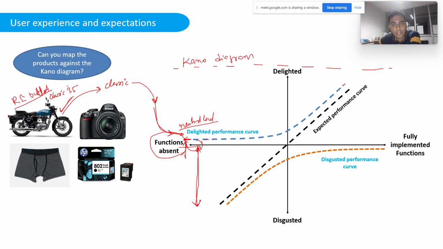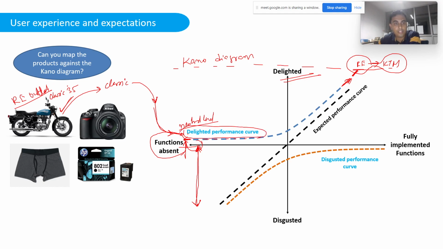And as we increase the product features, there is some satisfaction, and you will really get delighted when such a product achieves functionality compared to other modern standard products. For example, this RE bike, if you compare it with something like a KTM bike, in terms of functionality, you will be delighted. However, you will not feel bad if it does not have certain features.